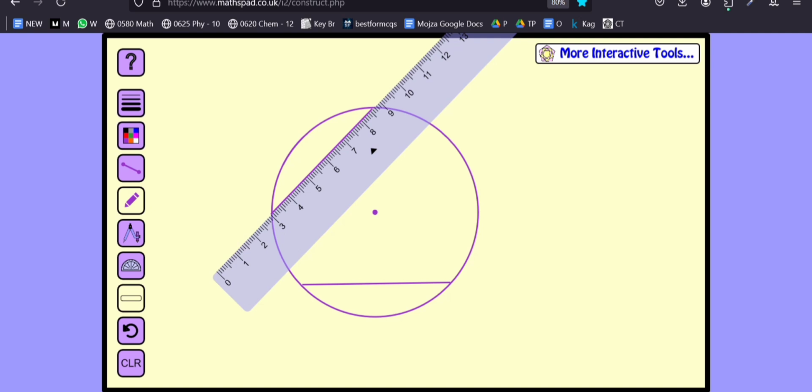The midpoint is going to be 3 plus 8.6, which is 11.6, and when we divide it by 2 we get 5.8, which is this particular point, right?